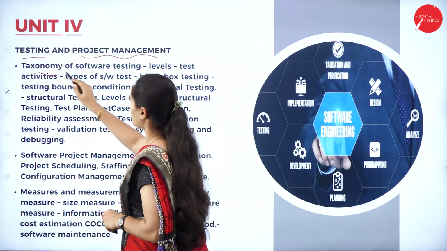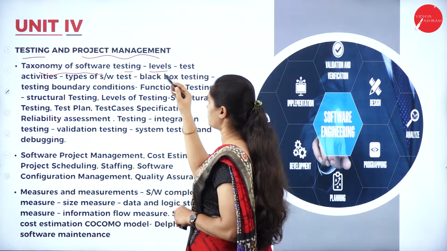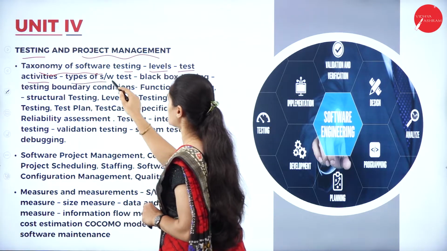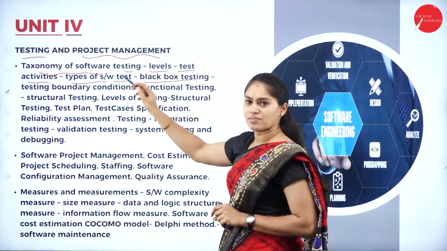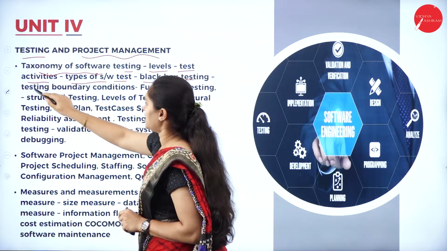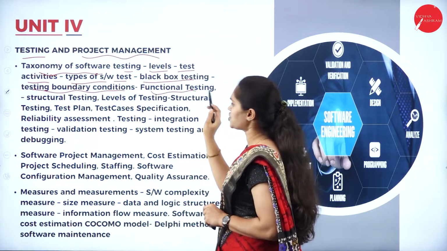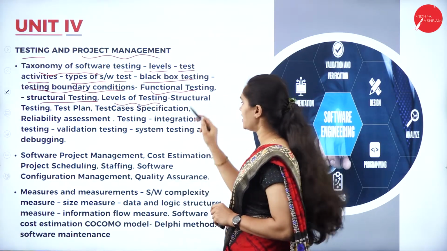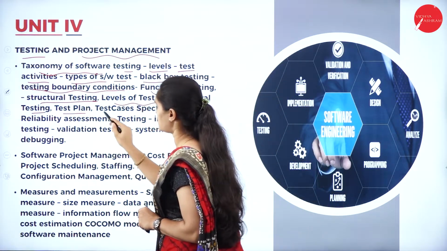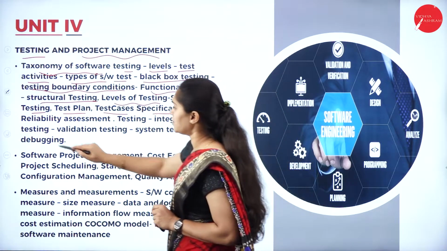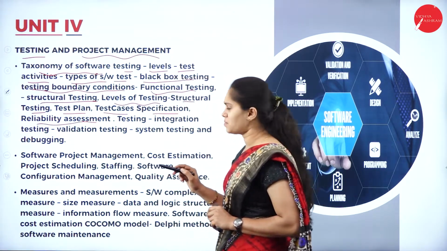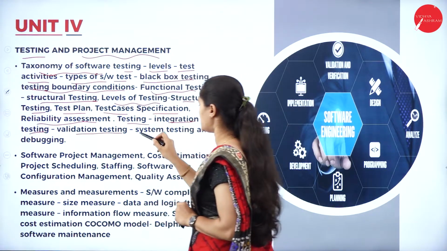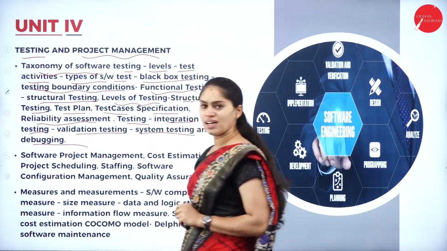So here we have the taxonomy of software testing, and also we will be learning the levels that include test activities and types of software test. In that we have black box testing and testing boundary conditions, functional testing, structural testing, and also levels of testing, test plan, test case specification. Then we have reliability assessment. Then integration testing, validation testing, system testing, as well as debugging.